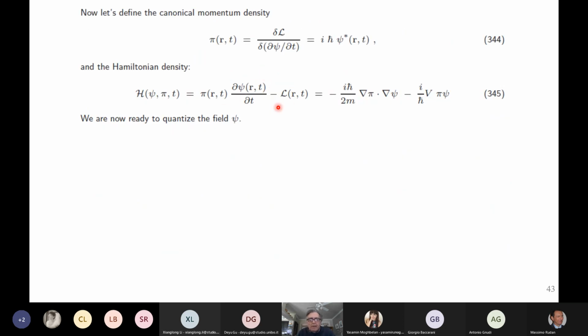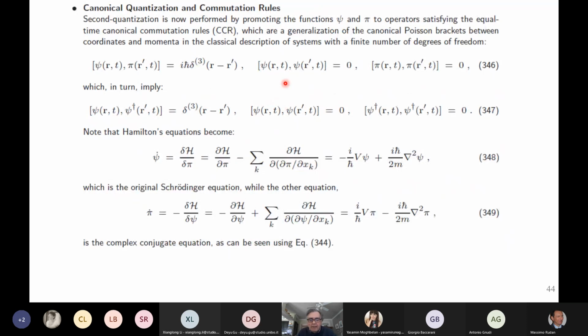So I'm ready to quantize the field, and we quantize it in this way, okay? So now we have to deal with understanding what is the meaning of this. Physically, what do we get? Where are particles coming from? What is this Hilbert space of states, where are the states? So that's the next step in understanding what we're doing.